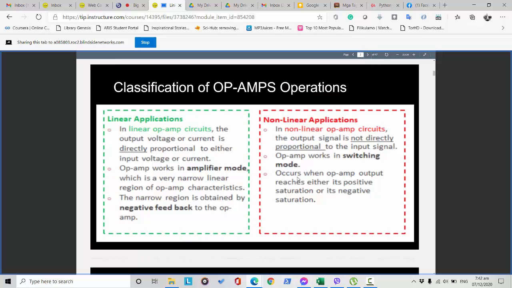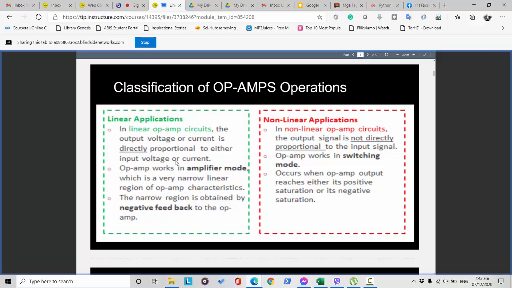Now, in terms of classification of operational amplifiers, especially their operations, there are two classifications. We have the linear applications and the nonlinear applications. Basically, in linear operational circuits, the output voltage or current is directly proportional to either input voltage or current.